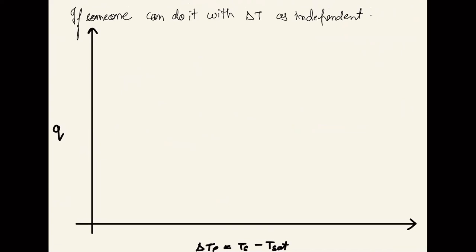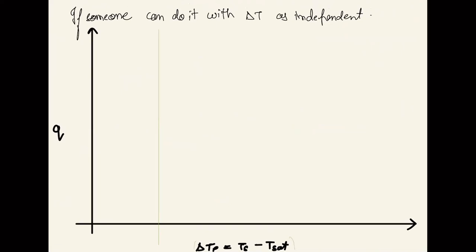So from say 0 to 5, this is a log axis, okay?